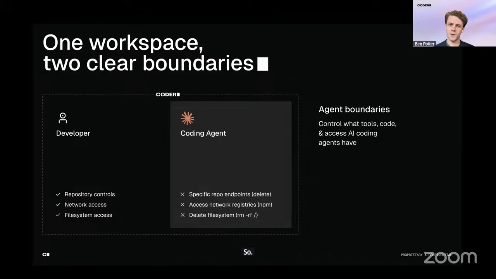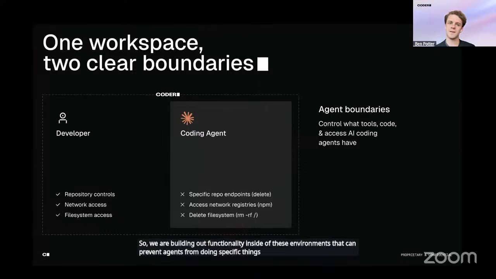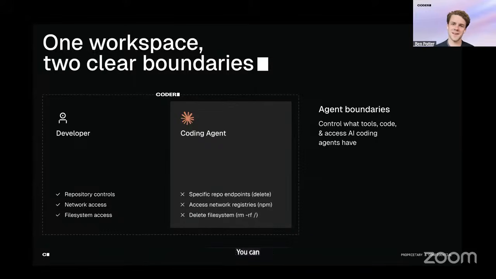So we are building out functionality inside of these environments that can prevent agents from doing specific things, where the developer has a separate set of permissions and access in the environment. You can kind of think of it as like a Docker, but for agents itself.